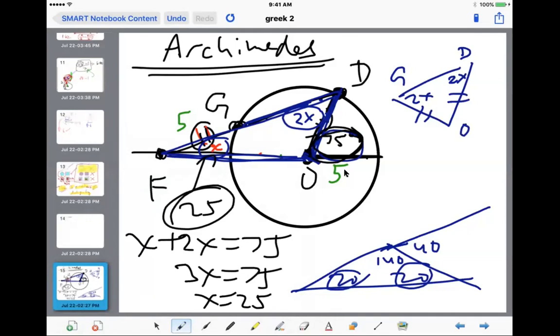So that's very slick. And that's Archimedes' method of trisecting the angle. But it's cheating, because this point F, even though it definitely exists, and there is a special point F that would make FG equal to DO, there's no way to actually locate that point using the tools of compass and straight edge.